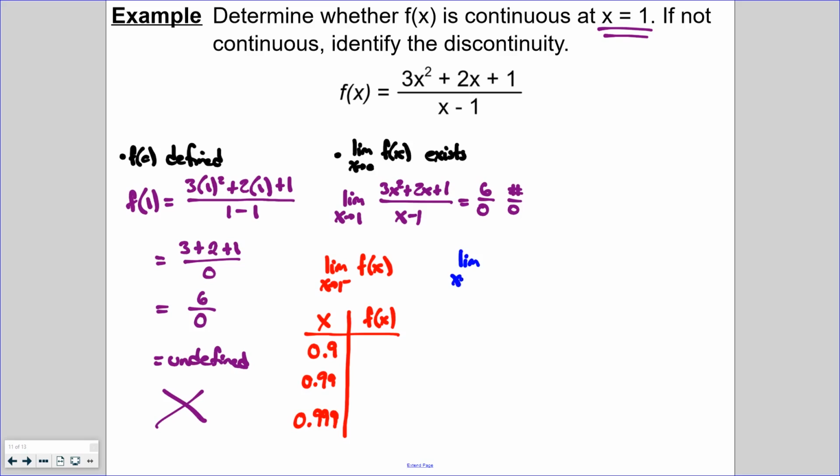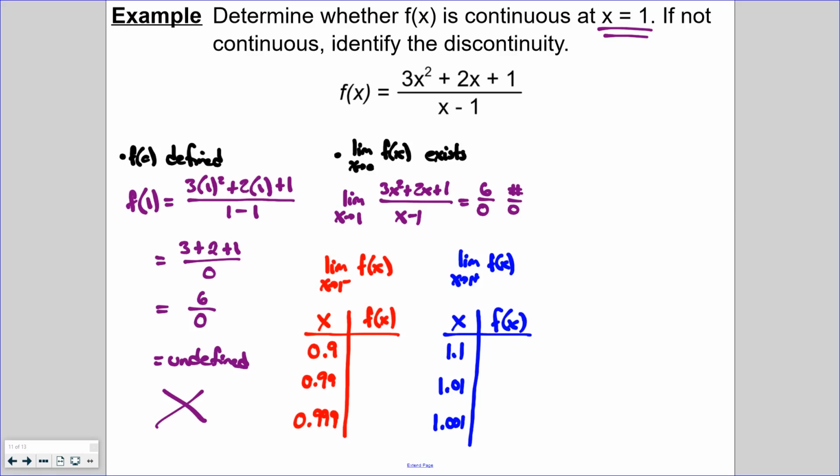Then looking at the limit as x approaches 1 from the right of f of x, we will also have to make our table, but this time we're coming from the right, so we'd use 1.1, 1.01, and 1.001.